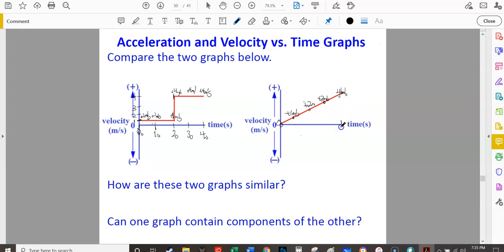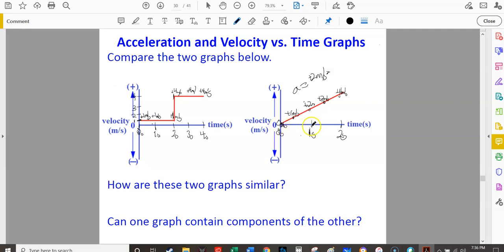If it took 2 seconds to do this, it started out at 0 meters per second at 0 seconds, and then it's going 4 meters per second at 2 seconds, and it did that at a constant rate, you would have to say that this object's slope here is the acceleration, and that slope would be 2 meters per second squared, or this object's speed is increasing by 2 meters per second for every 1 second.